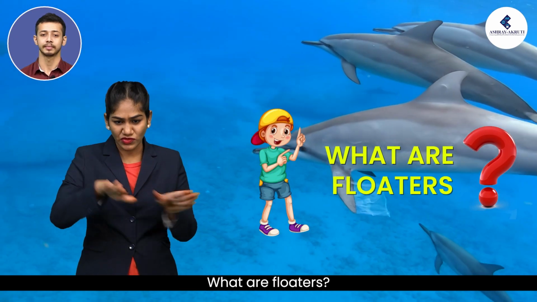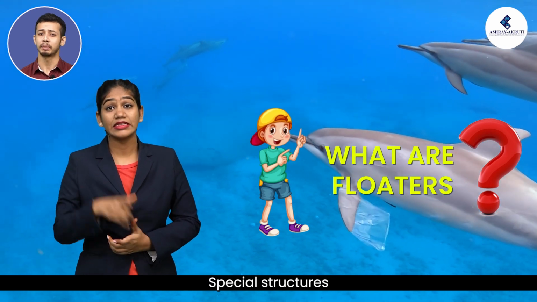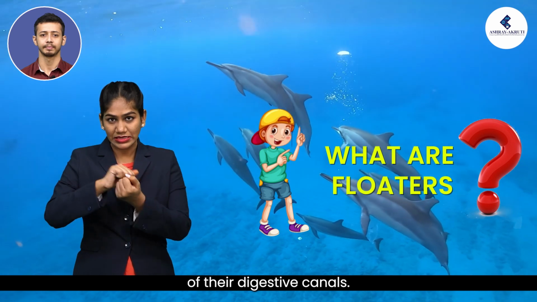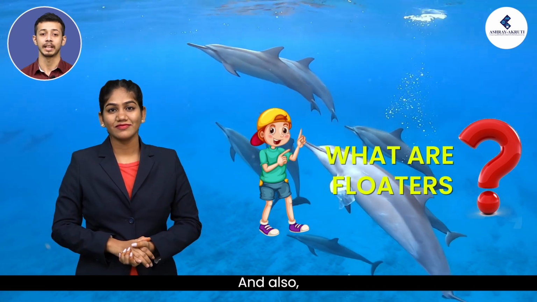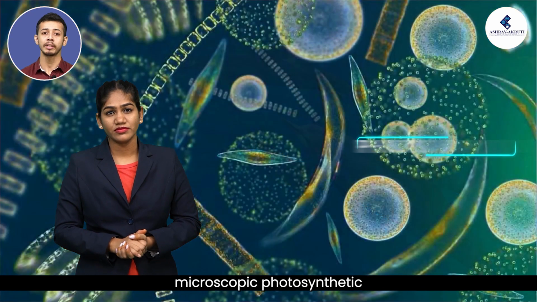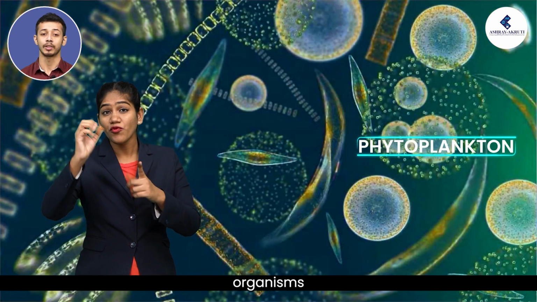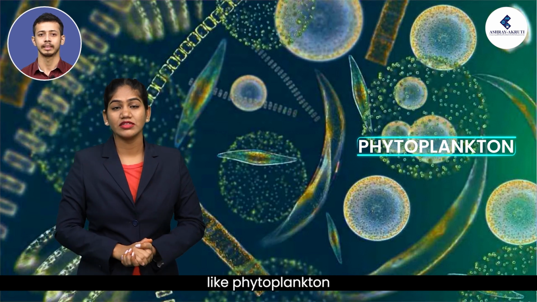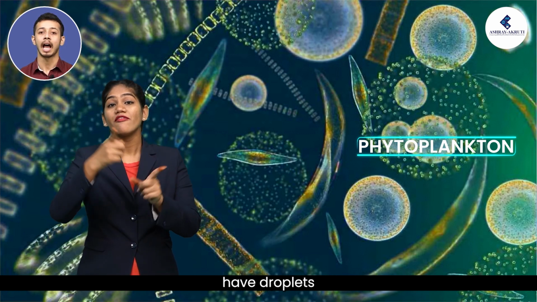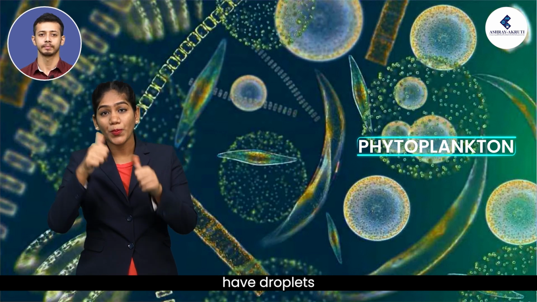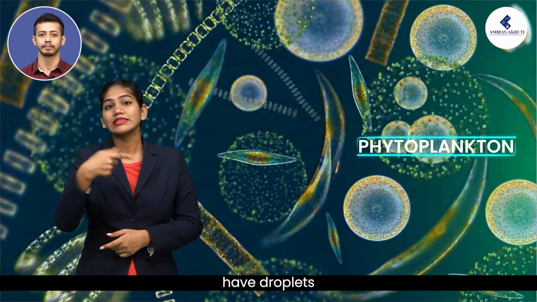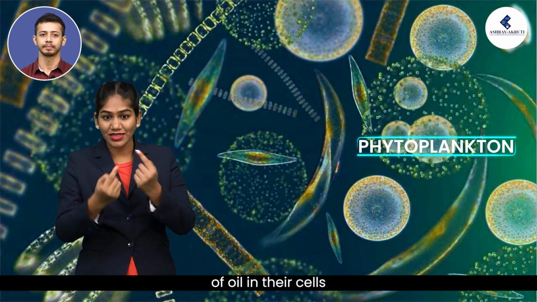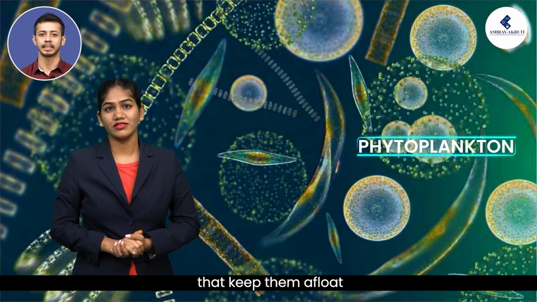What are floaters? Special structures of the digestive canals and also microscopic photosynthetic organisms like phytoplankton have droplets of oil in their cells that keep them afloat.